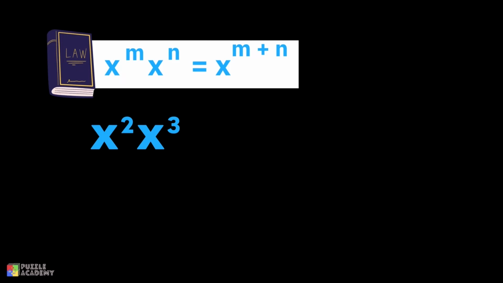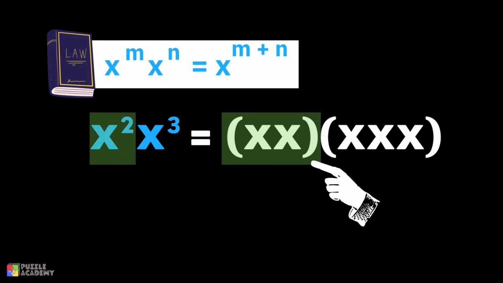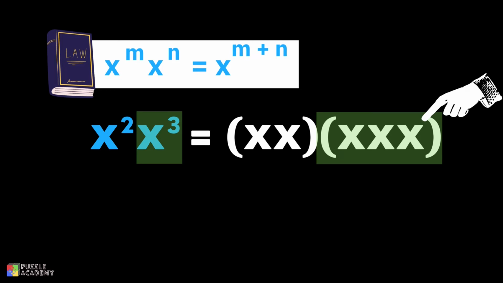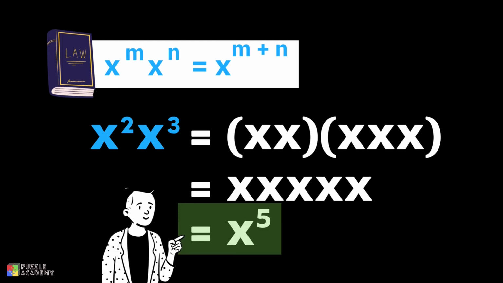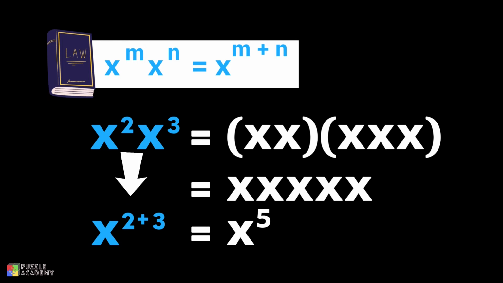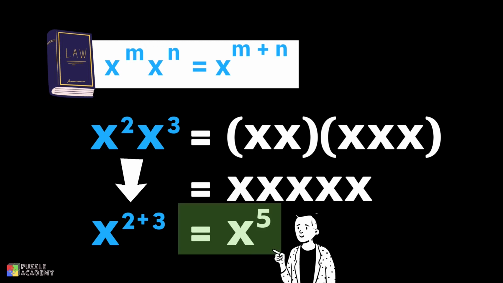We all know that this example can be written as x times x comes from x squared. Then we have x times x times x comes from x cubed. And if we multiply x by itself 5 times, then we have x raised to 5. So, x squared times x cubed is equal to x to the power of 2 plus 3, equals x raised to 5.